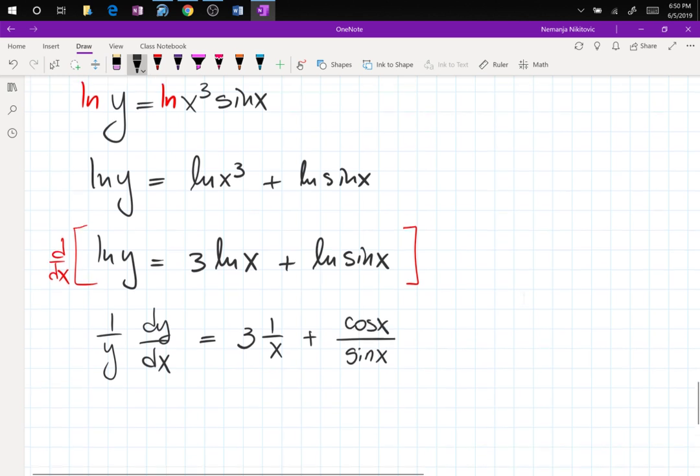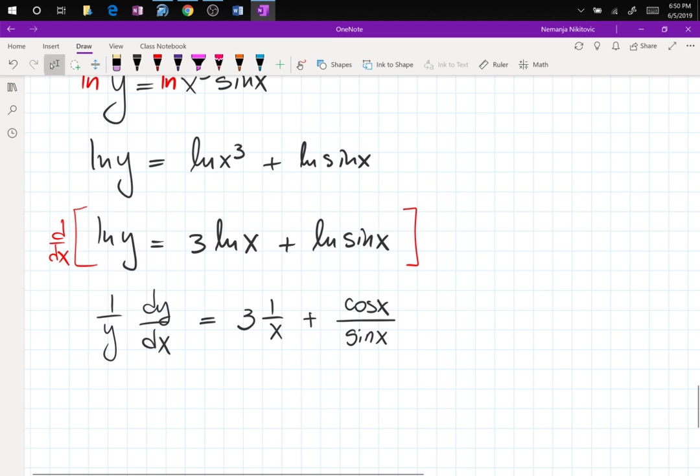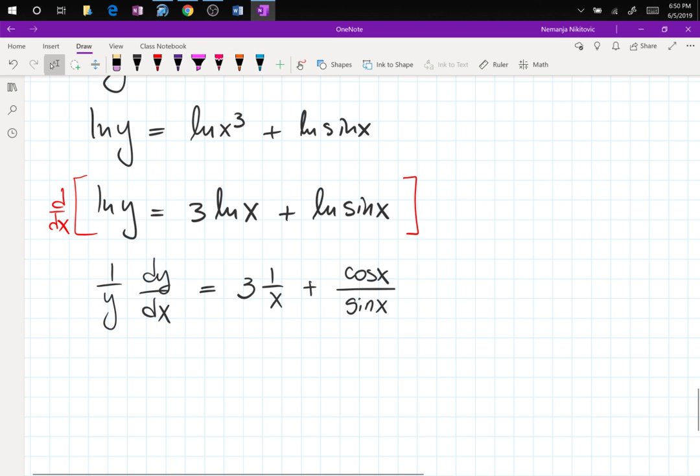Great. Oh, that turns into a cotangent. Nice. Now, you see this 1 over y? Move that to the right, because dy dx should be on its own, solo. So dy dx is equal to y times 3 over x plus cotangent x.